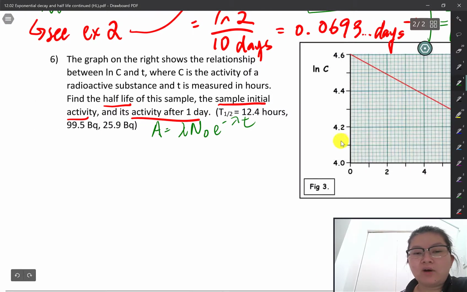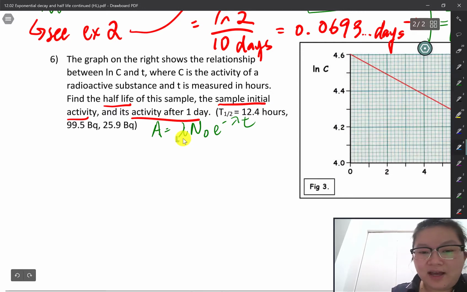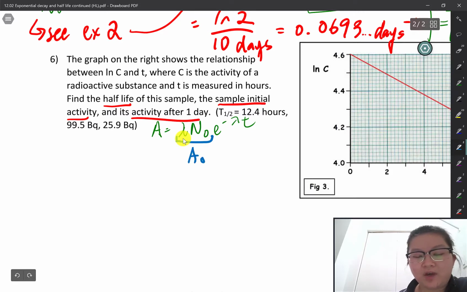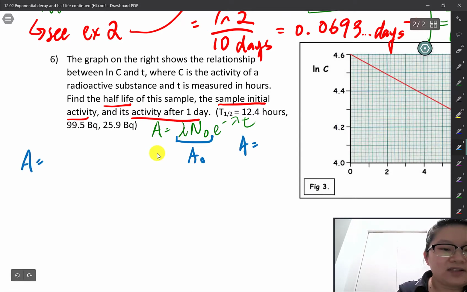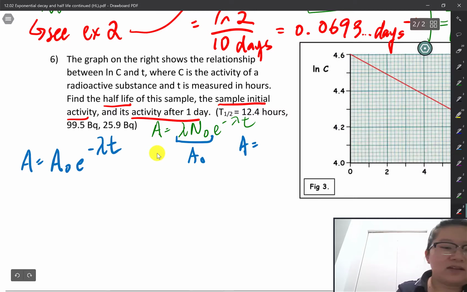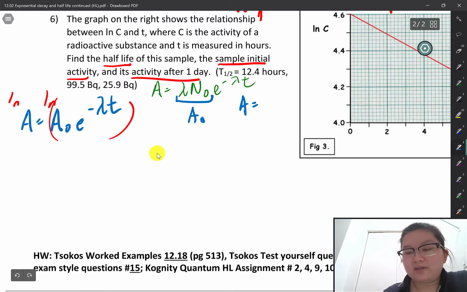But also, I want to combine these two terms. We know that lambda times N naught is also equal to the initial activity, which kind of makes sense. The initial activity, after some decay happens, is going to give us the final activity. So in fact, I can rewrite this as activity is equal to the initial activity times e to the power of negative lambda t. So let's take the ln of both sides of this equation. We are going to get the following.